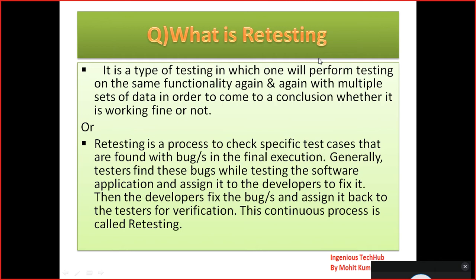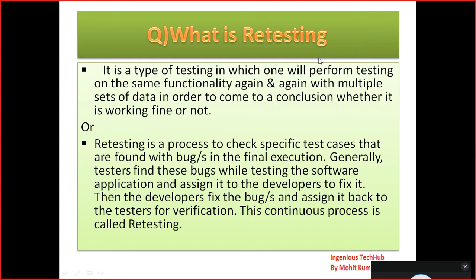So while doing the functional testing, if you find any defect, we log it to the developer and the developer fixes it. Again it comes back to you. That is called retesting. It is a type of testing in which one performs testing on the same functionality again and again with multiple sets of data to conclude whether it is working fine or not.